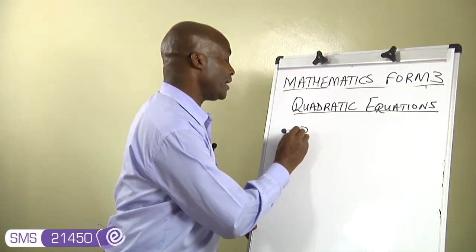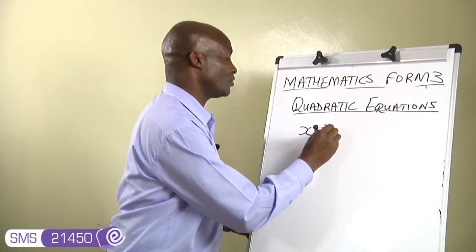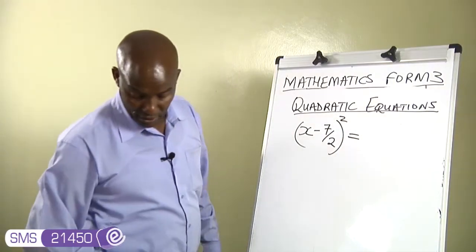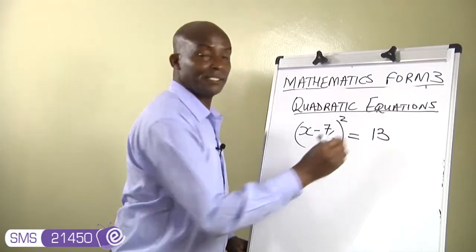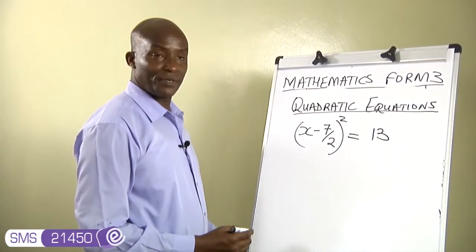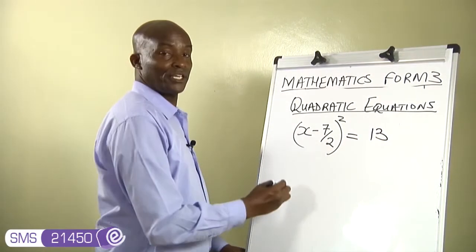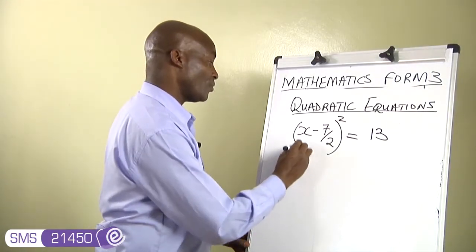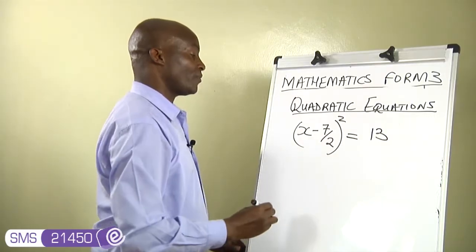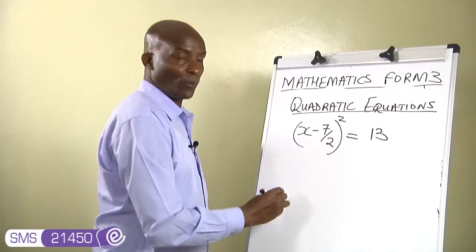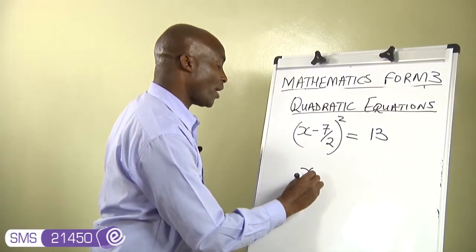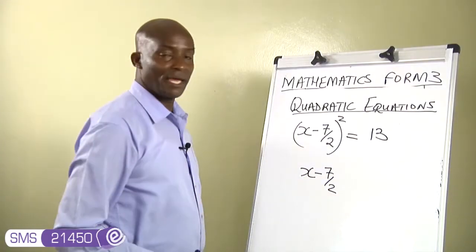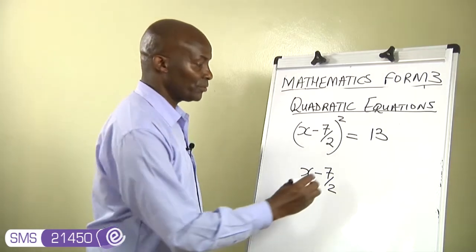You are given (x minus 7 over 2) whole squared is equal to 13. So remember what we said? Here, you take the square root on both sides. So when you take the square root on the left-hand side, since it is already squared, the square sign disappears, and you are left with x minus 7 over 2.